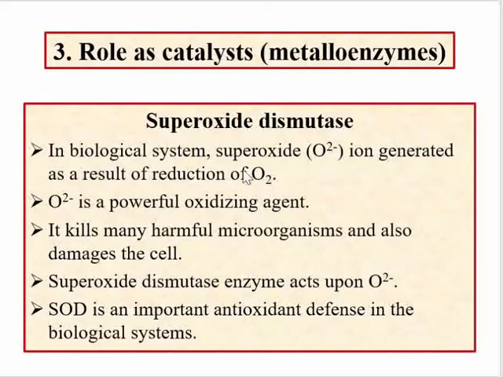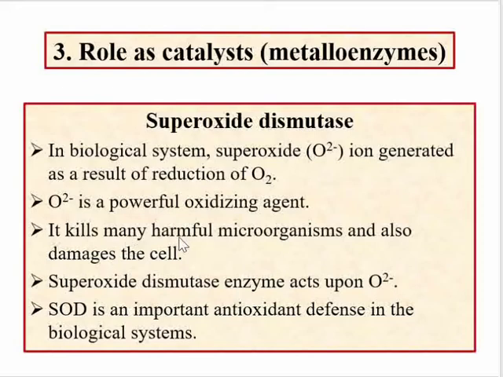In the biological system, superoxide ions are generated as a result of the reduction of O2. If oxygen is reduced in the biological system, it can form superoxide, which is a powerful oxidizing agent. It can oxidize various substances in our system, and generally it kills harmful microorganisms.